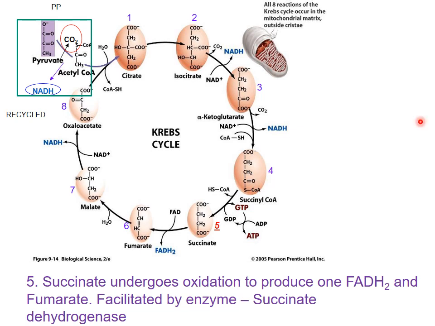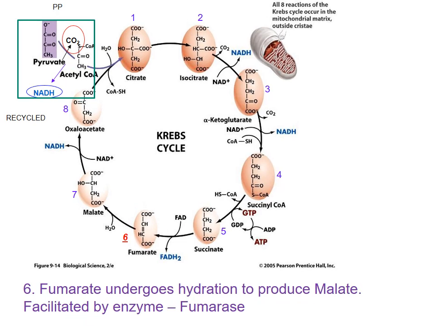Step 5 sees the succinate that was produced in step 4 undergoing oxidation to produce our first FADH2 and something known as fumarate. This process is facilitated by the enzyme succinate dehydrogenase. Then the fumarate is hydrated to produce malate, and this is facilitated by fumarase.